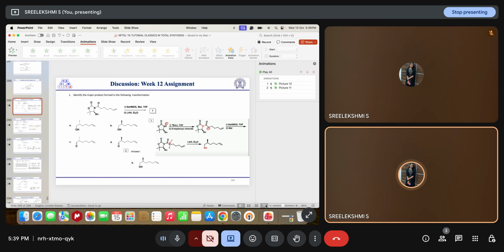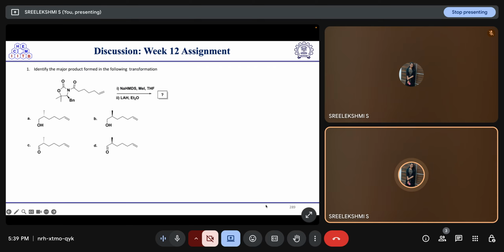Okay. So the first question is identify the major product formed in the following transformation. This particular compound upon treatment with NaHMDS, methyl iodide and THF, then in the second step with LAH in diethyl ether, which will be the major product here?